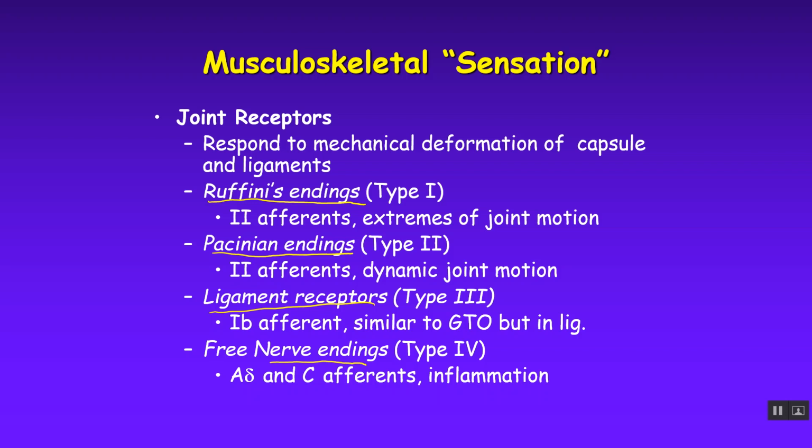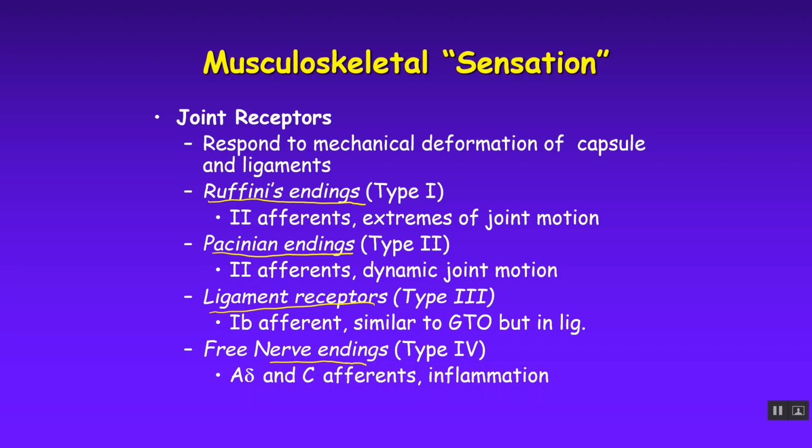You can hear them referred to in that way, or some people will just say type 1, type 2, type 3, type 4 joint receptors. I think it's more common to hear type 1, type 2, type 3 when you're reading research articles. You're probably more likely to hear the type receptor with its Roman numeral versus the name of it.